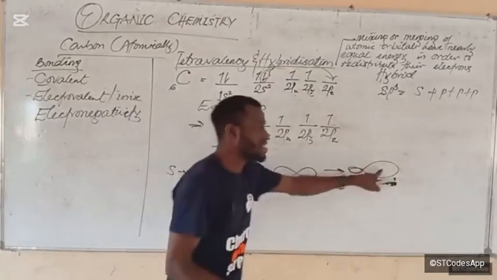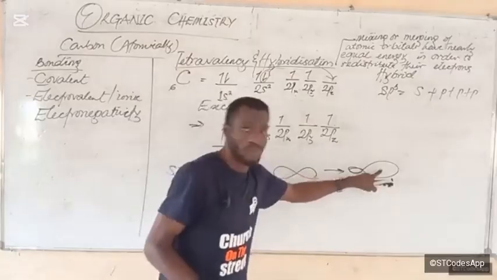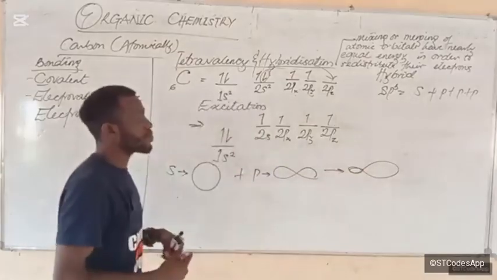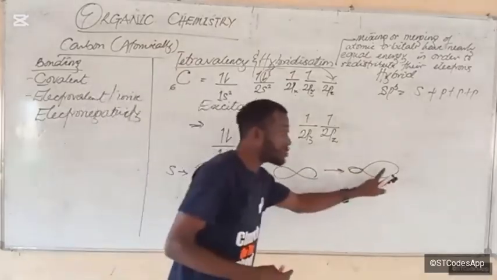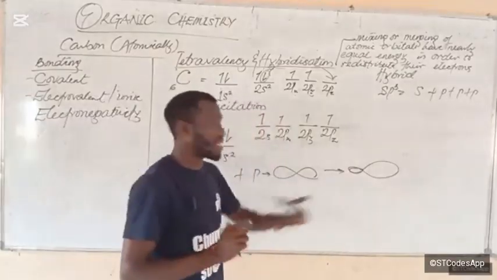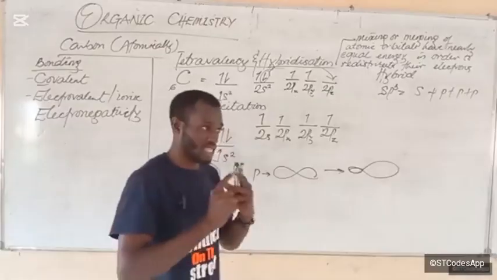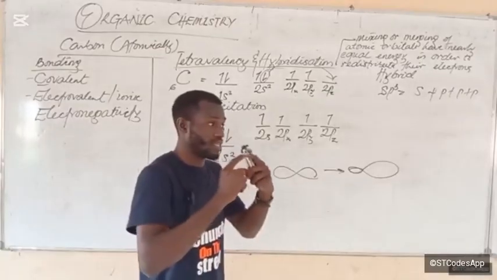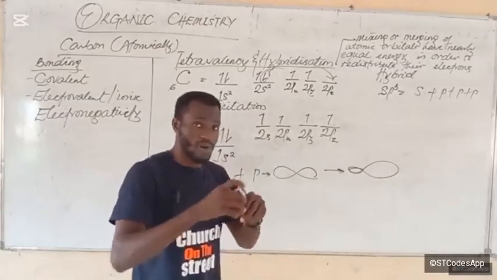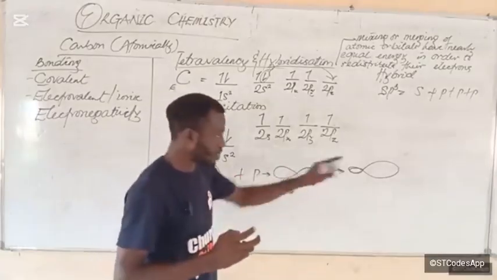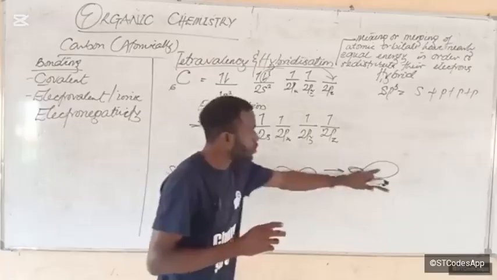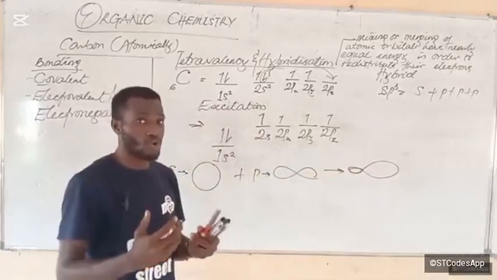So this is the hybrid that has been formed. Usually when we are drawing, we show only the bigger lobe in the compound formation, to show the compound structure that has been formed.